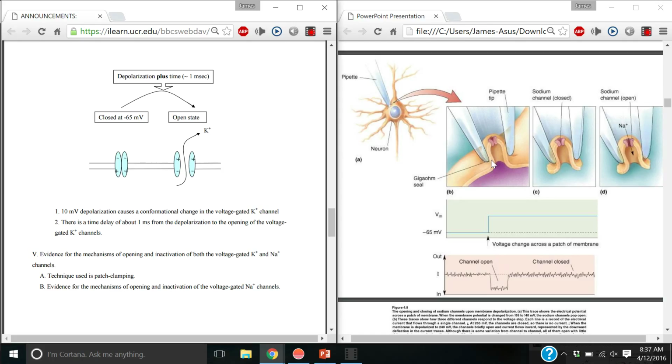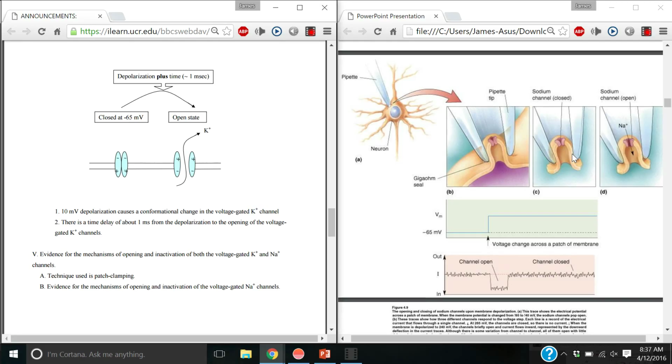And as a result, a little bit of the membrane of the neuron, so this is extracellular here, this is intracellular, would be sucked into the tip of the electrode, and then you merely pull the electrode away from the neuron, detaching a patch of membrane, hence the patch clamp. So here you have a patch of membrane that is stuck within the electrode.